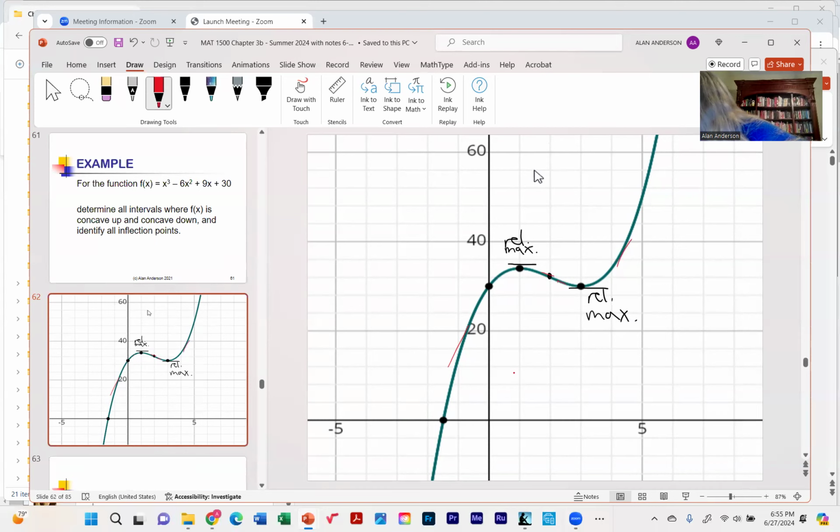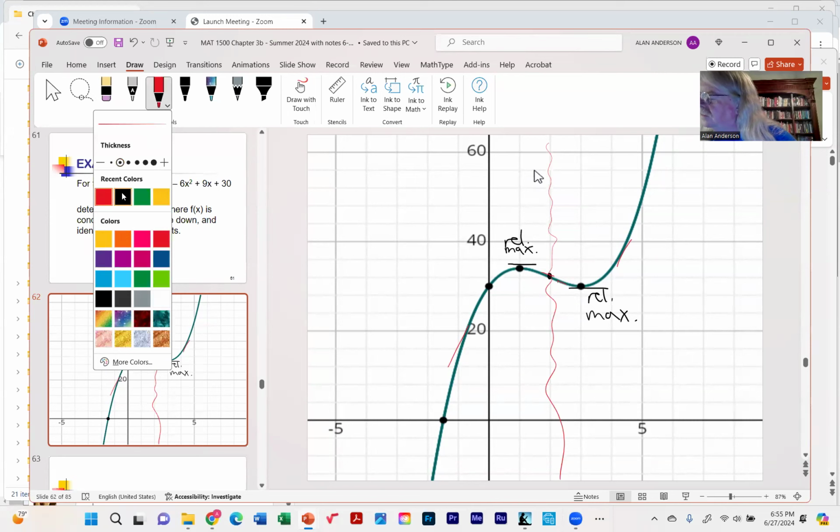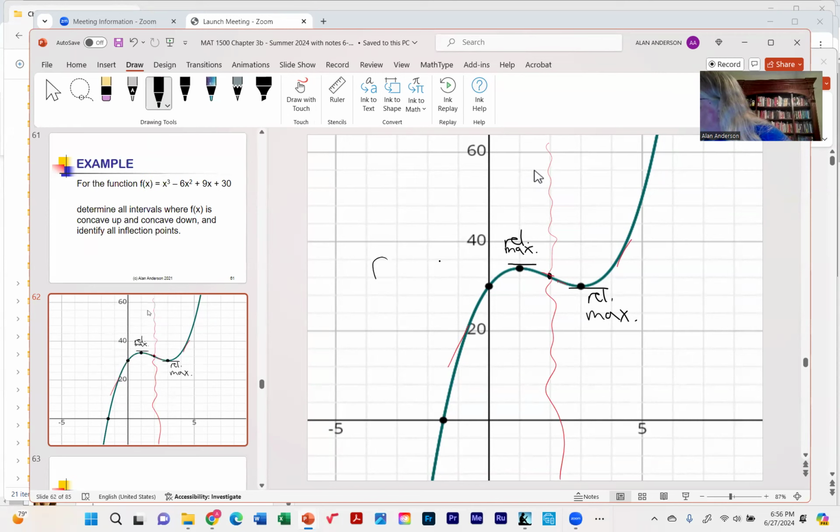So there's a point in here where the concavity changes. Over here on the left-hand side, the second derivative is negative, because it's going from positive to 0 to negative, meaning concave down. On the right-hand side, it's the other way around.